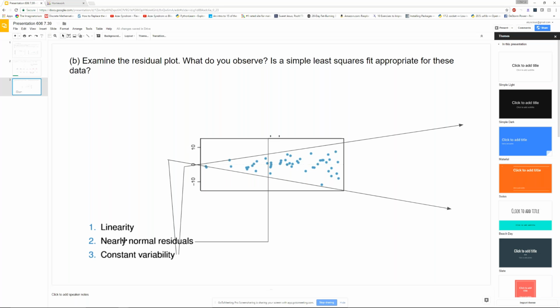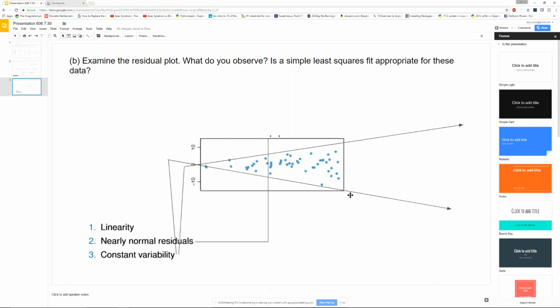I would say no, because I drew a line in between the plot vertically, and I see that the right is much bigger than the left, and that would not be a normal distribution. 3, constant variability. We can check that with these two rays, one going up here, one going down here. No, it is not a constant variability. You see as it goes farther to the right, the variability gets higher, as represented by my mouse going up and down. All right, that is my presentation.